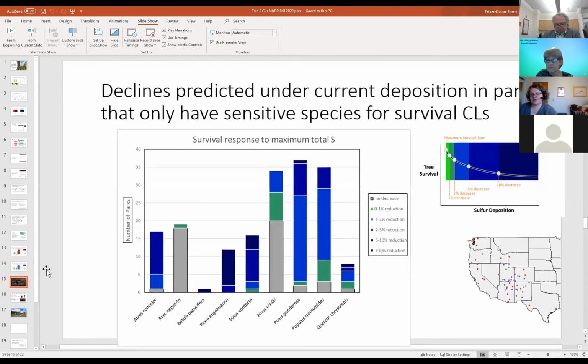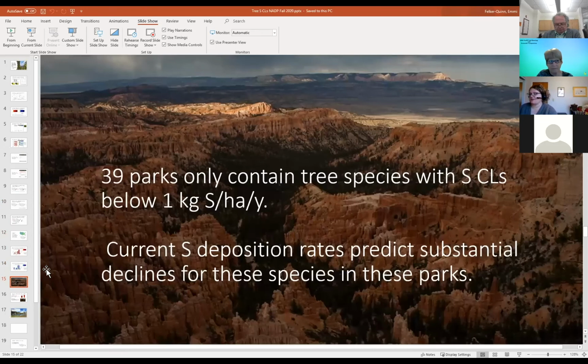So to summarize, we have 39 parks that only contain tree species with sulfur critical loads below 1 kilogram of sulfur per hectare per year. And based on these critical load relationships and the exceedances, we would predict substantial declines for these tree species within these parks. That's a pretty extraordinary result because it doesn't necessarily correspond with what we think we know about these parks.